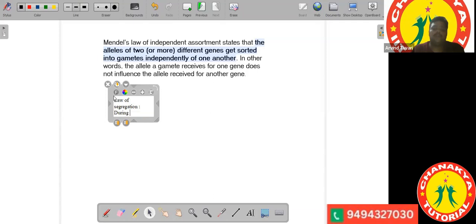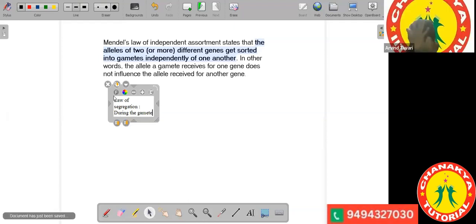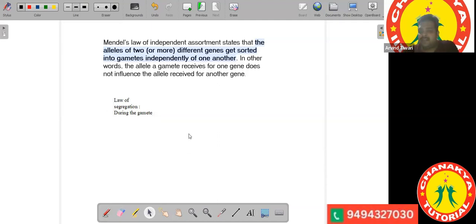So during the gamete formation, each gamete receives only one allele. It cannot have two alleles. So that is your law of segregation.